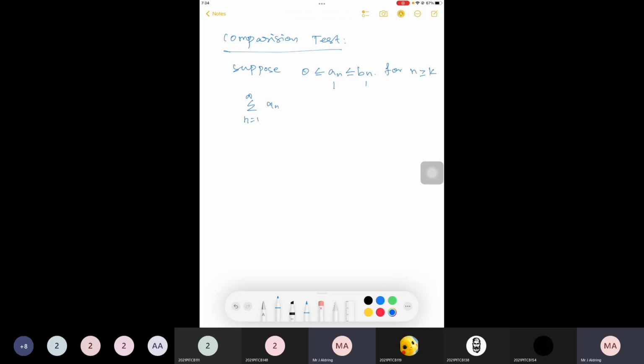Sequence means when n tends to infinity.